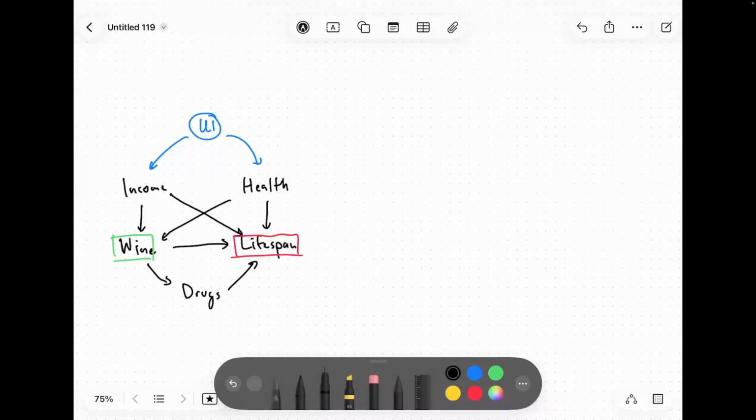And so to do this, we have to find all paths.